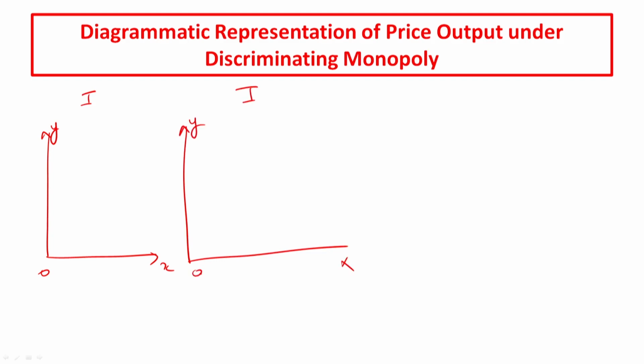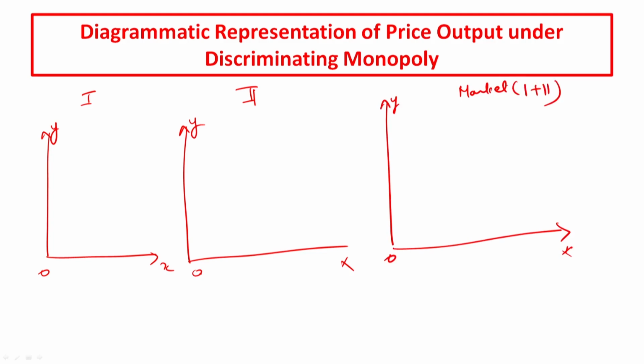This is market 2, and again you have to take Y axis, X axis and 0, and this represents the overall market 1 plus 2, that means both the markets. You will take the average revenue of this; market 1 is inelastic.